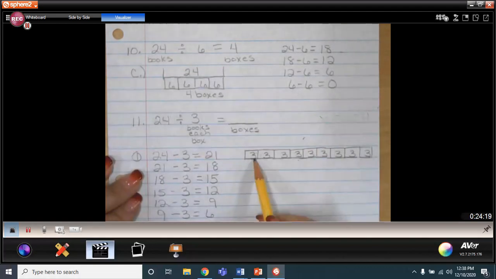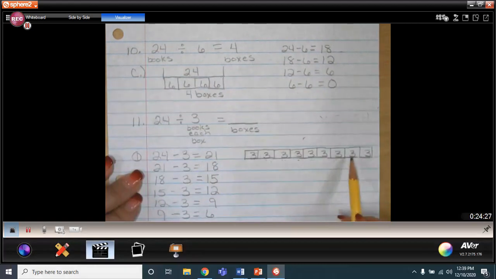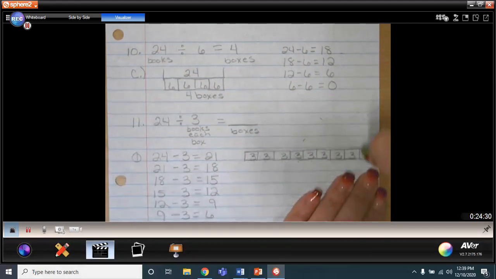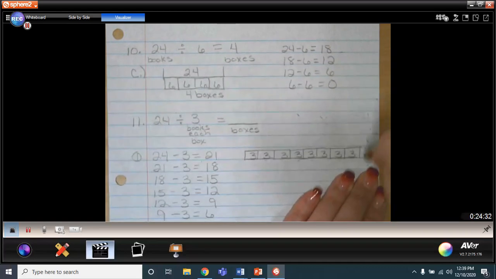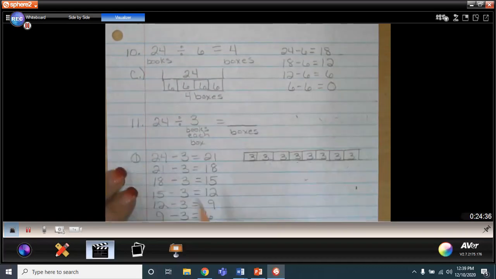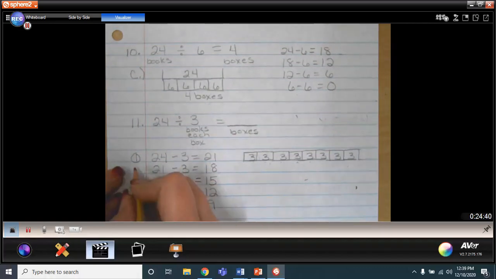So 3, 6, 9, 12, 15, 18, 21, 24. Oops. I think I put in 1 more box. I think I did it twice. Okay, so I should have 1, 2, 3, 4, 5, 6, 7, 8. 8 groups of 3 that I was able to subtract.